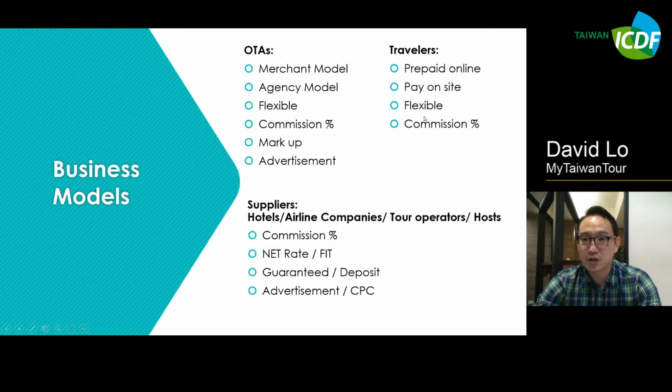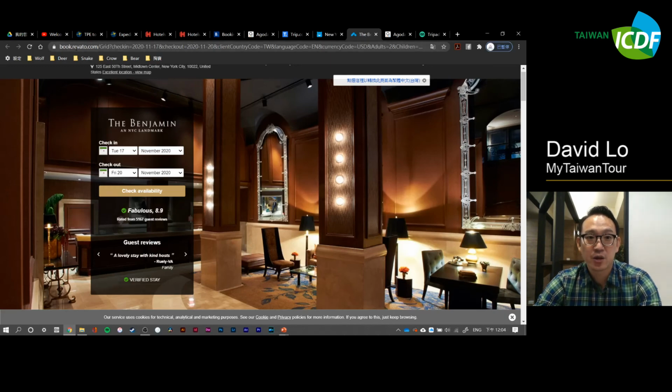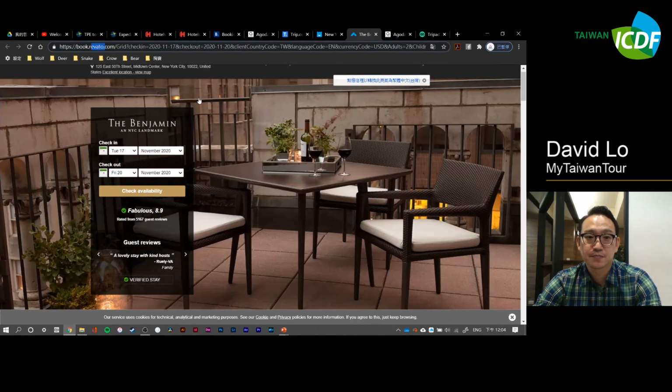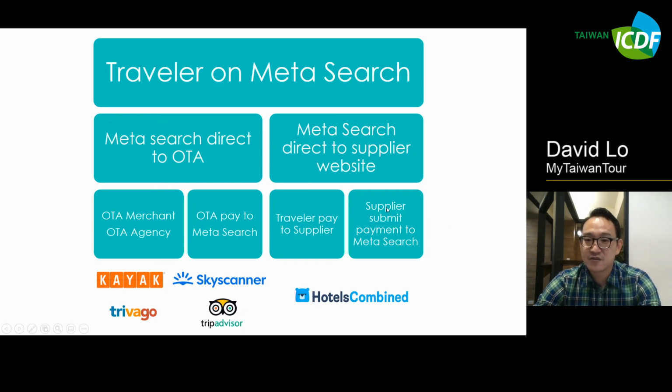This is what we call pay on site, like we mentioned. But actually, this website was from Hotels Combined, called Revato here. So it appears that you book through the hotel, but actually this website was provided by Hotels Combined.